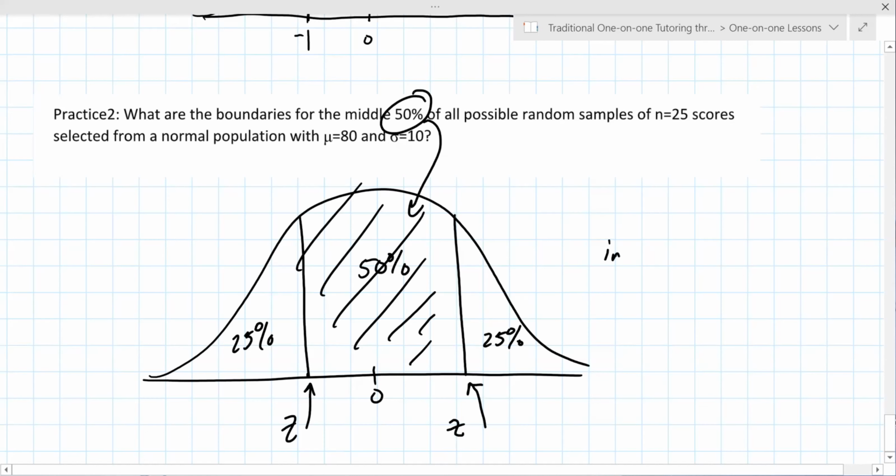If you remember, in your calculator there's an inverse norm or an inverse z for that. And you want 0.25 because that's this one over here. If you've got a table, we could look that up.